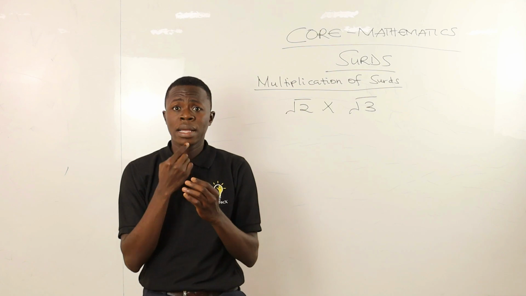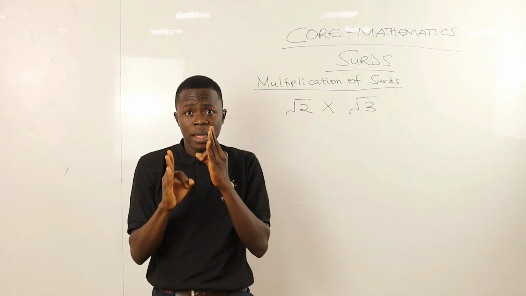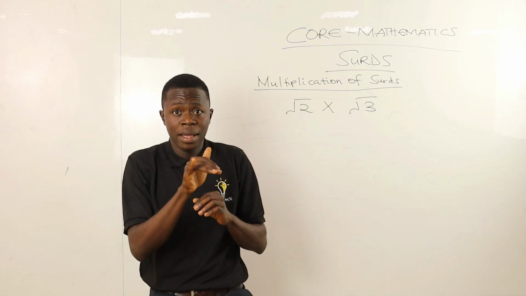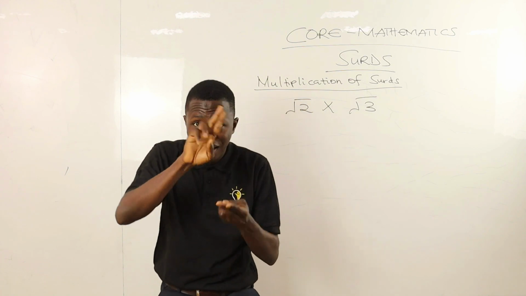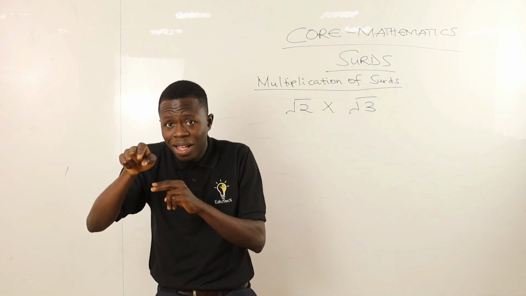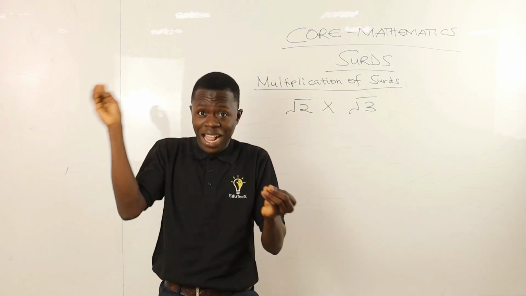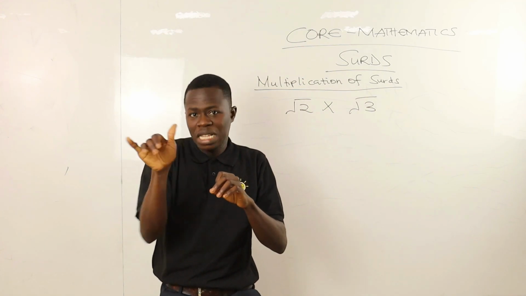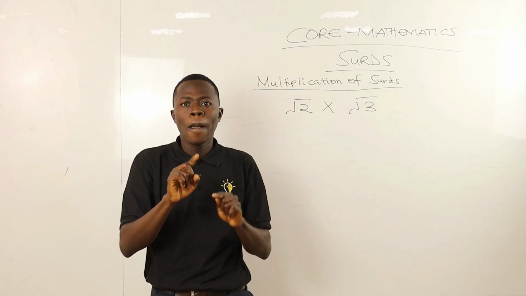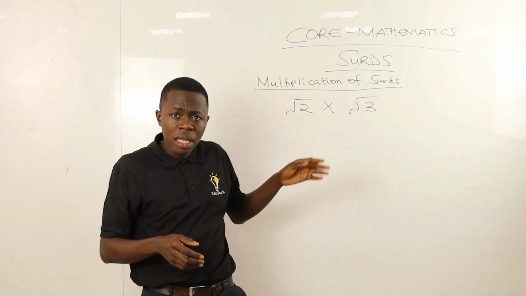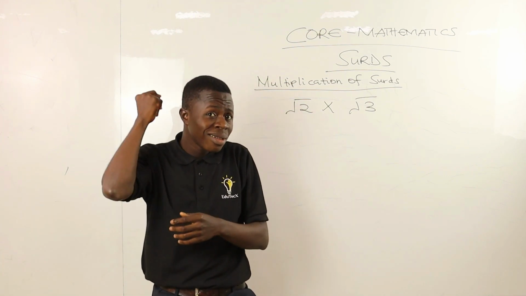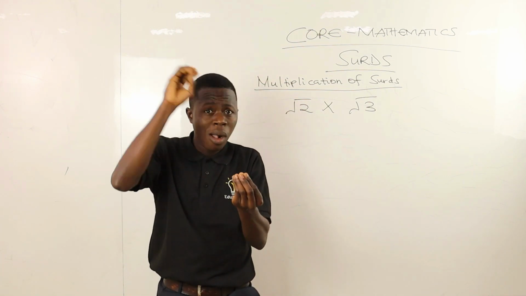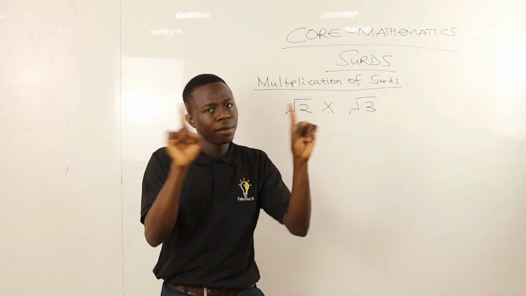In the previous lesson, when we were talking about addition and subtraction, we said that you can only add or subtract sets which have the same number under the square root sign, right? But that's not the same case when it comes to multiplication of sets. With multiplication of sets, it's quite different.